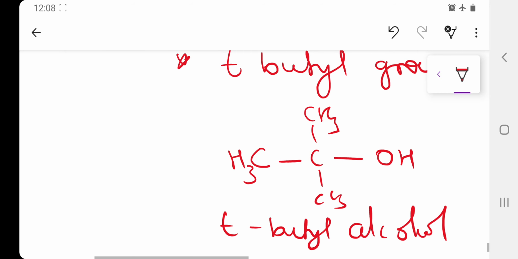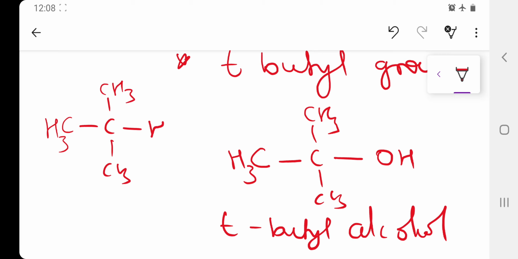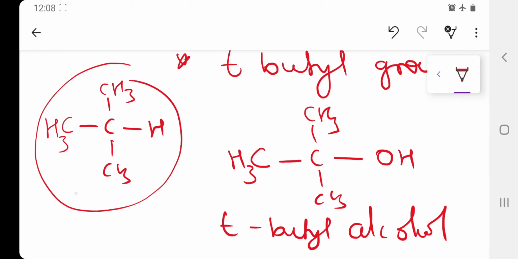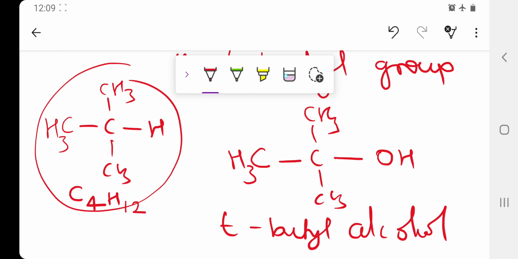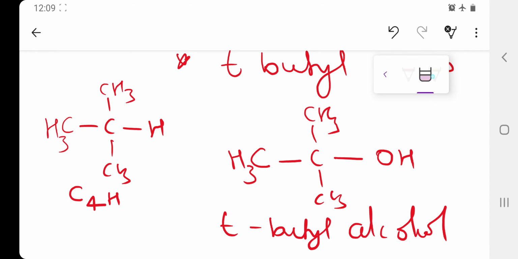Then how is this tertiary butyl alcohol going to form? You have to consider an alkane, the parent is an alkane again. Then the formula will become C4H10, since an alkane is CnH2n plus 2, so it is C4H10.